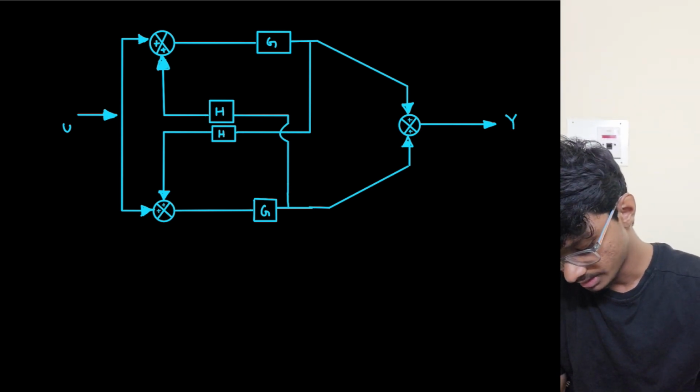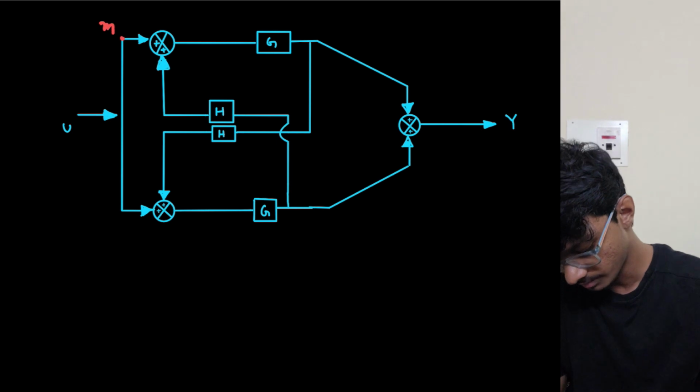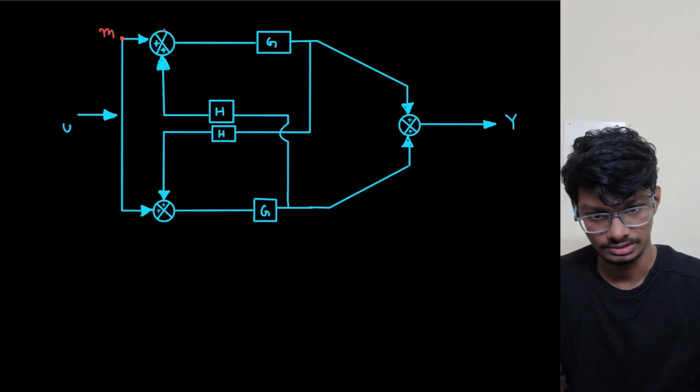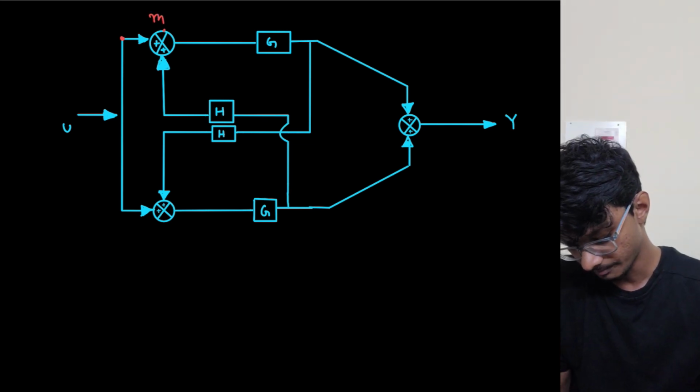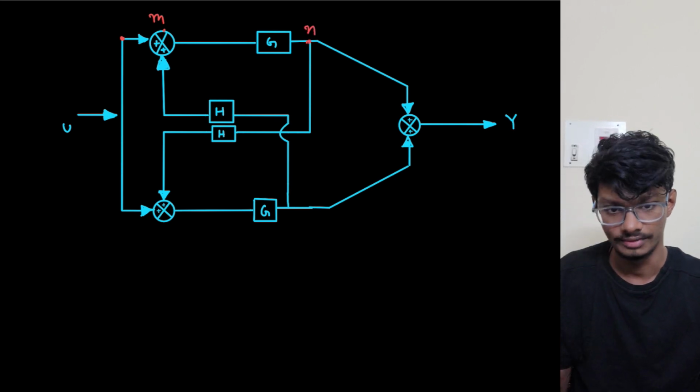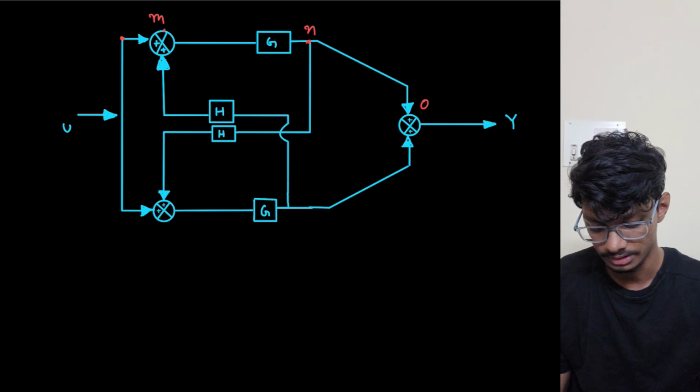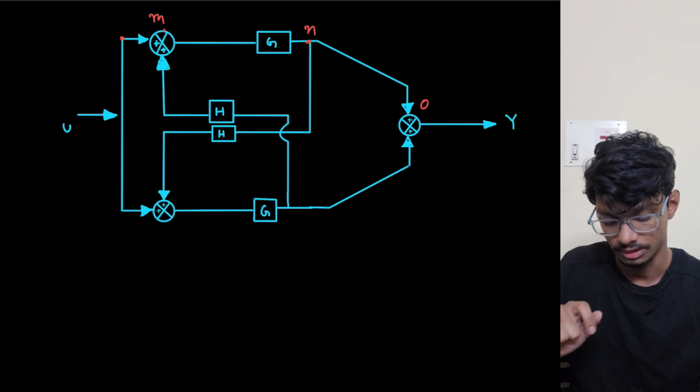Let me start over here, this point. This is m, let's say m, and this point is an adder. Let me name this point as m. Now let me name this point as n. Now what is the other point? This is another adder, that is o. Then I will go like this.